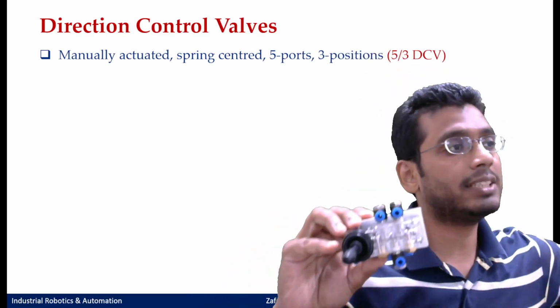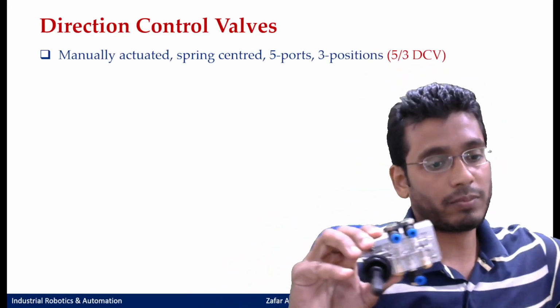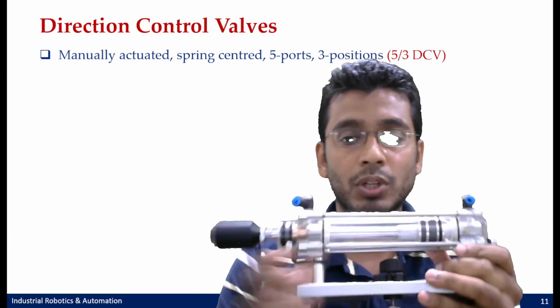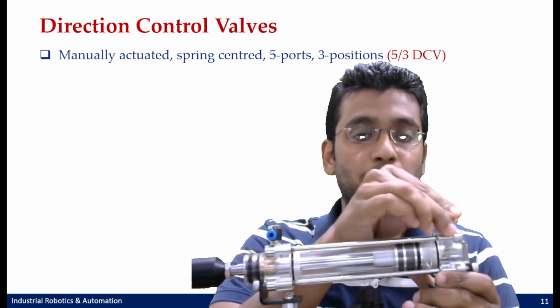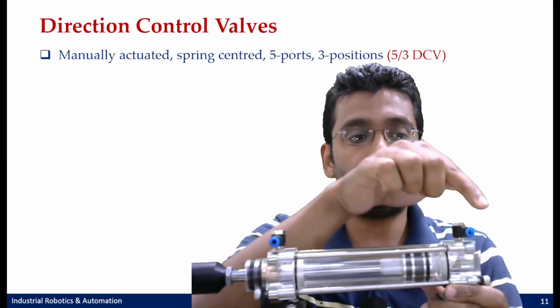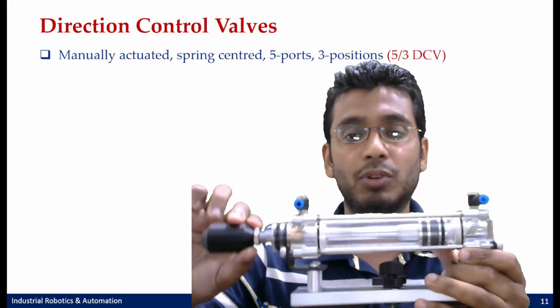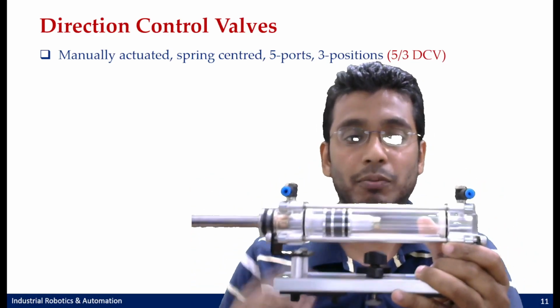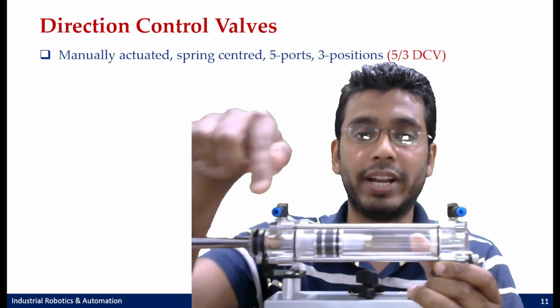If you see a double acting cylinder, see I have here also a double acting cylinder, right? So how many ports does a double acting cylinder have? 2 ports, right? So if I put a pressurized line here, my cylinder would extend, and during extension I have to drain through this port.